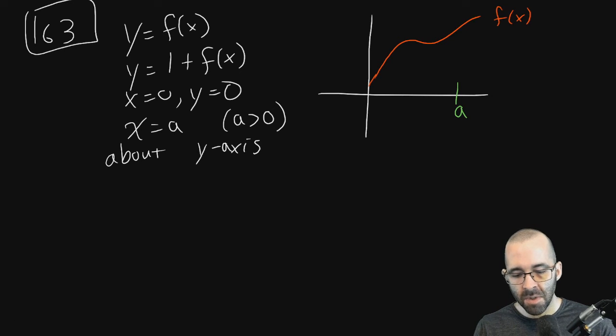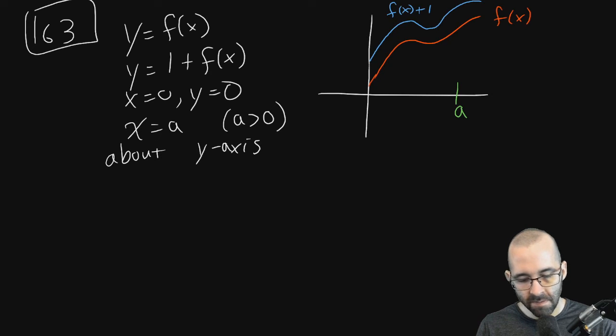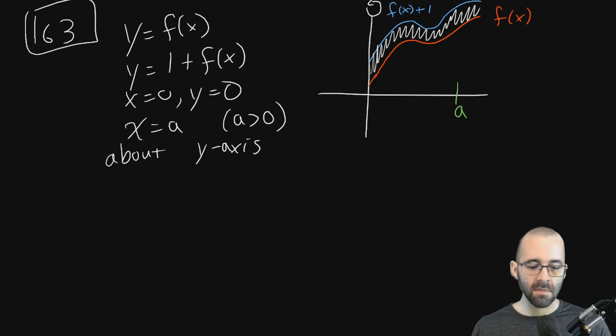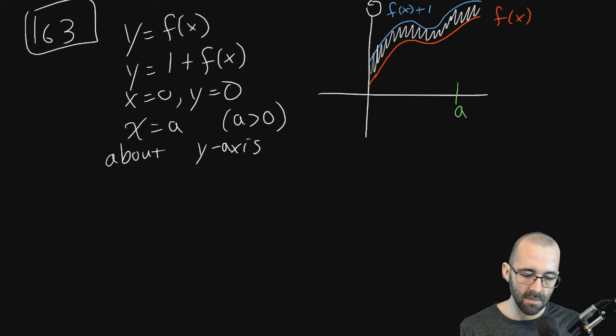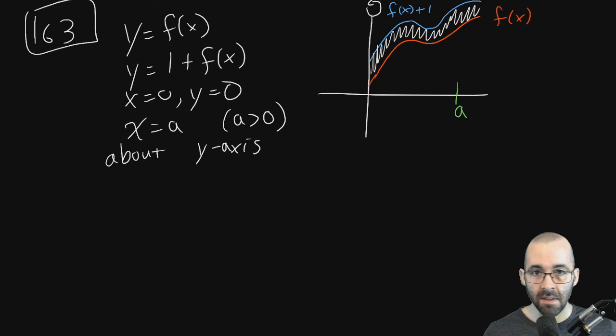And we're looking at the region between f and f plus 1. Well, f plus 1 is just going to be the exact same shape, just moved up 1. So we have this region that revolves about the y-axis. So shell method is going to be much easier here.